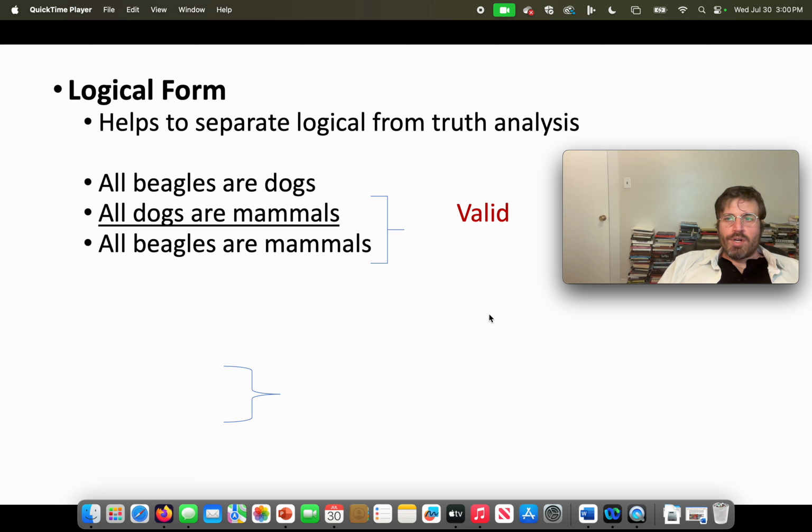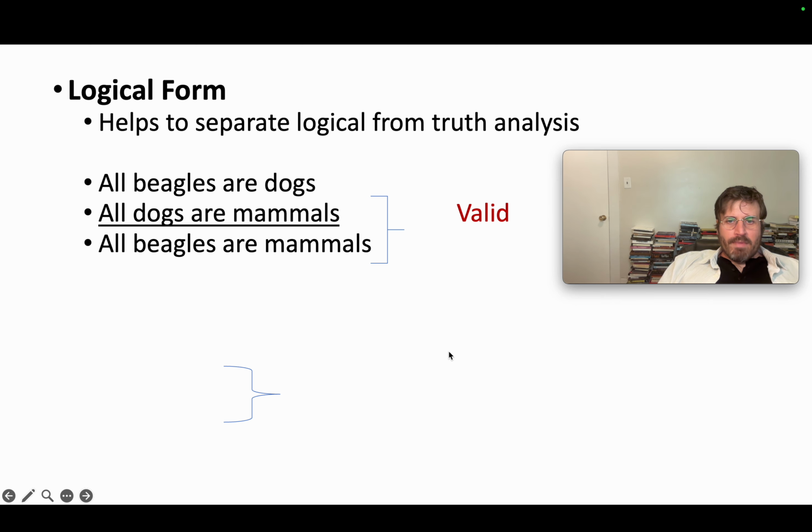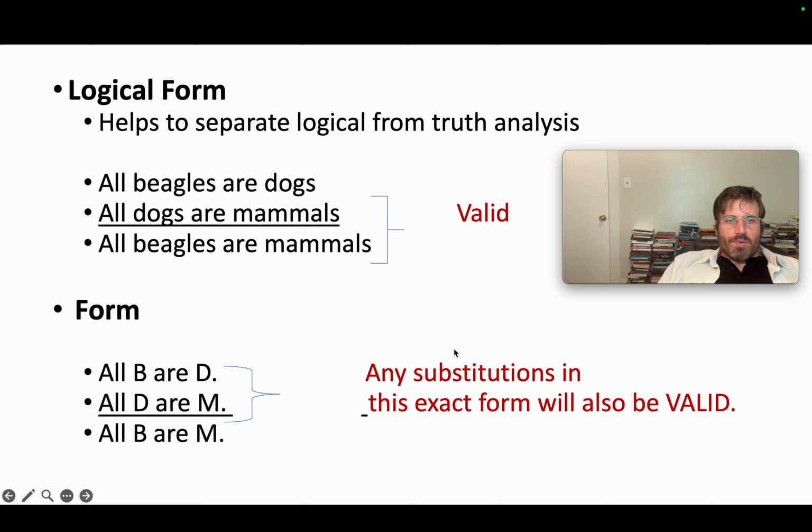And so the way in which we separate out truth content analysis from logical form is to strip the argument of its content and just give a little symbolic notation that represents each premise. So the way in which we do this is to formalize the argument.